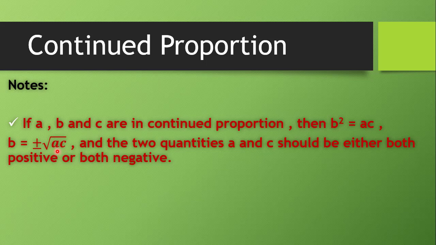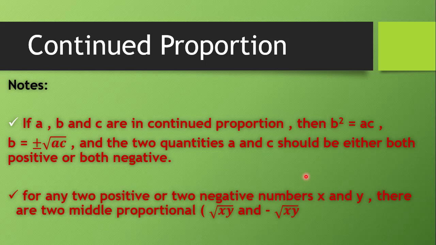A and C should have the same sign because there is no negative number inside the square root. There is no square root for negative numbers. So the two numbers A and C should have the same sign, either both positive or both negative.